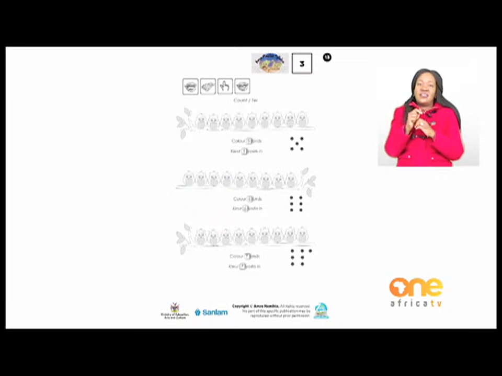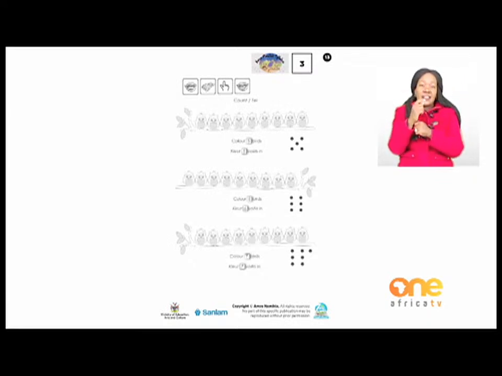As you point and we count together. Let's go together. 1, 2, 3, 4, 5, 6. Now let's go back to the branch where the birds are seated.